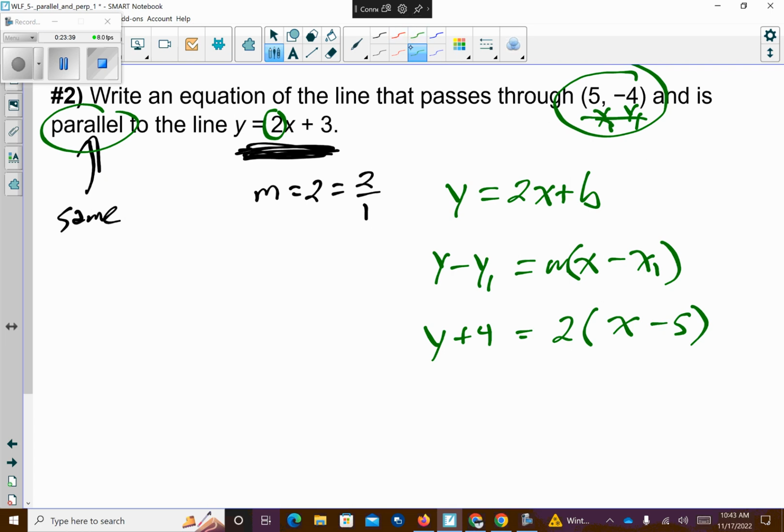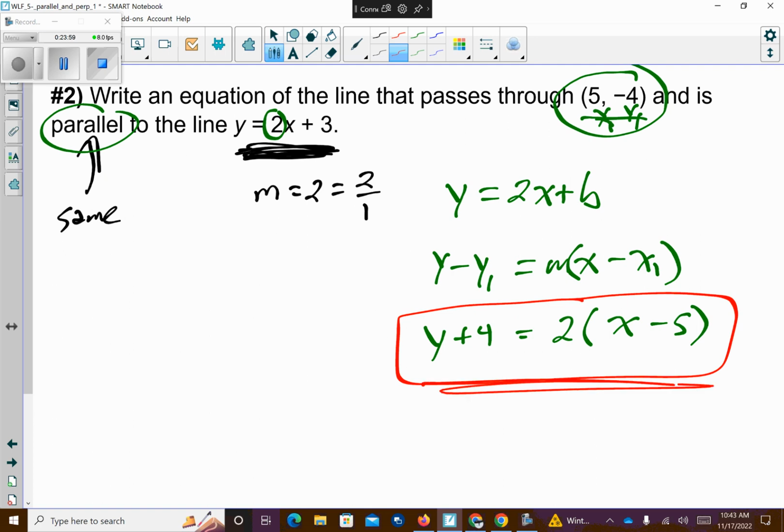Okay, hang on. This says write an equation that's parallel and contains that point. Is this an equation? It is. So should I distribute 2 over the parentheses, then subtract 4 from both sides? No, we're done.